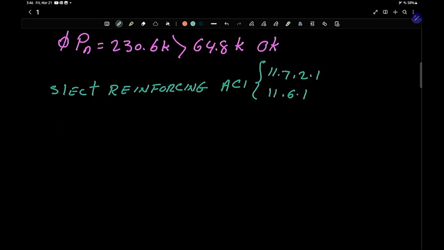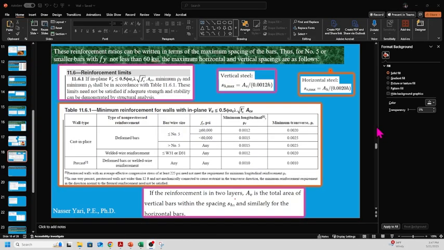Okay, finally we're going to go ahead and select the reinforcement. They're really good reading at 11.7.2 and 11.6.1. Let's take a look at one of them, and then we'll take a look at the other one. Look at 11.6.2, and they give us the maximum spacing and the area of the vertical and horizontal bar.